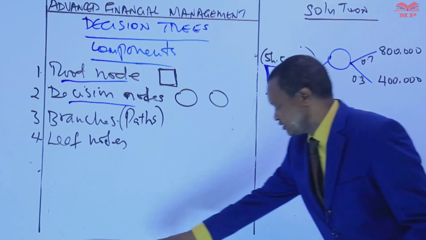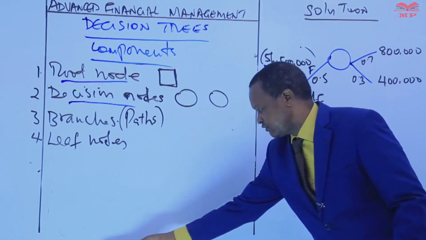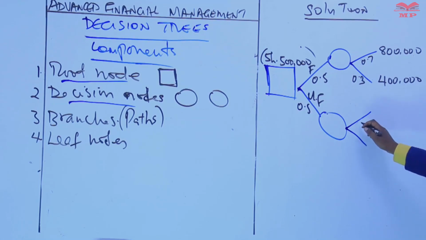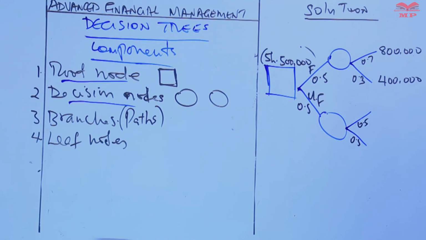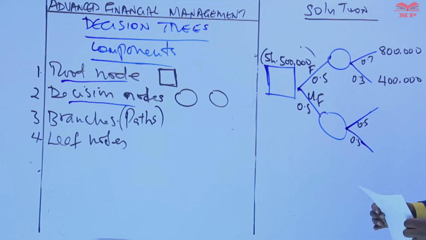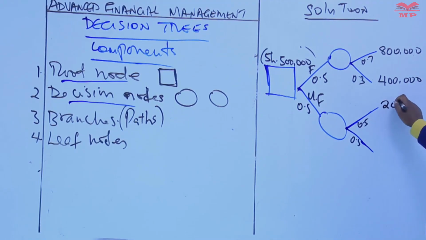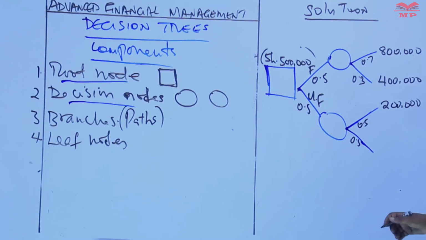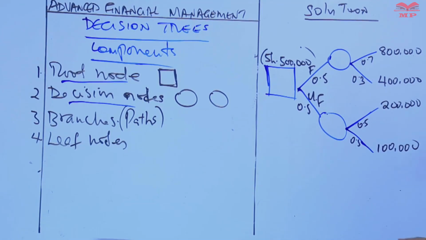Let me use my black pen. 0.5, 0.5. So there is probability 50% of generating 200,000, and 50% probability of generating 100,000. So that is the tree.